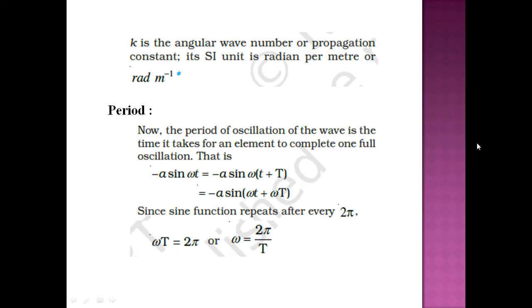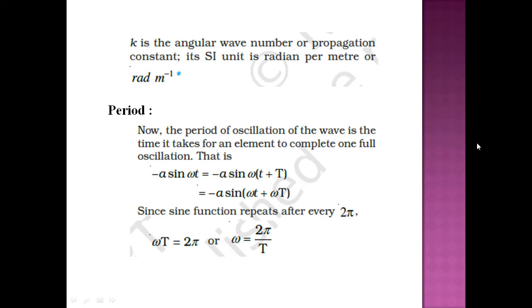Period. What is period? Period is the time taken for an element, a particle of the medium, to complete one full oscillation. So if you represent it as A sin(omega t) and A sin(omega t plus omega T), they will represent the same phase.